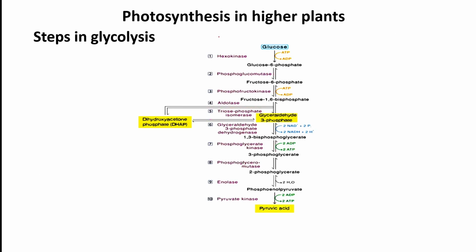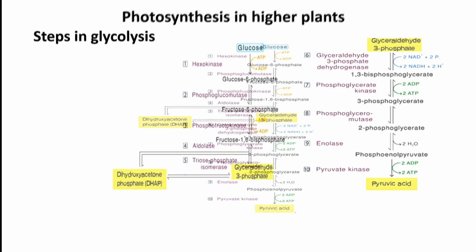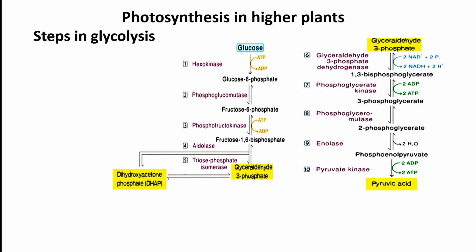Here we can see the steps involved in glycolysis. It is a catabolic process. Glucose follows this pathway and finally pyruvic acid is synthesized. So what happens in the reduction phase?